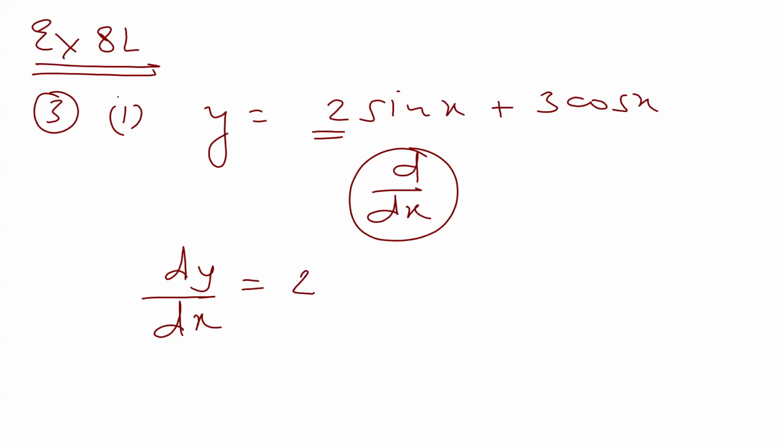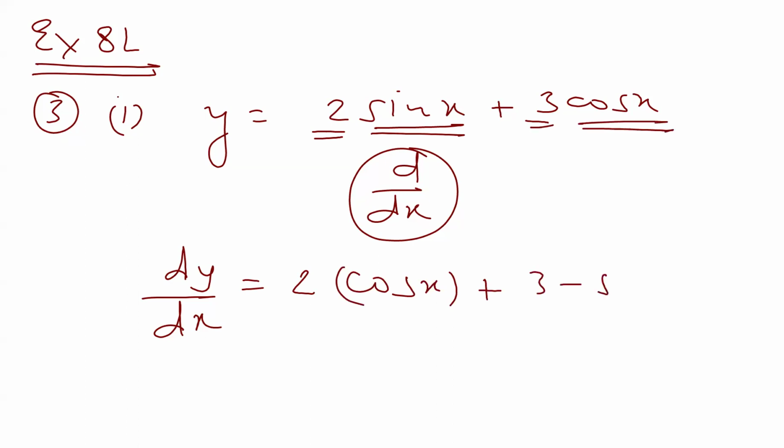Derivative of sin x is cos x. Plus 3 is a constant. Derivative of cos x is minus sin x. If you're writing minus sin x, put a bracket for that. So dy by dx is equal to 2 cos x minus 3 sin x.